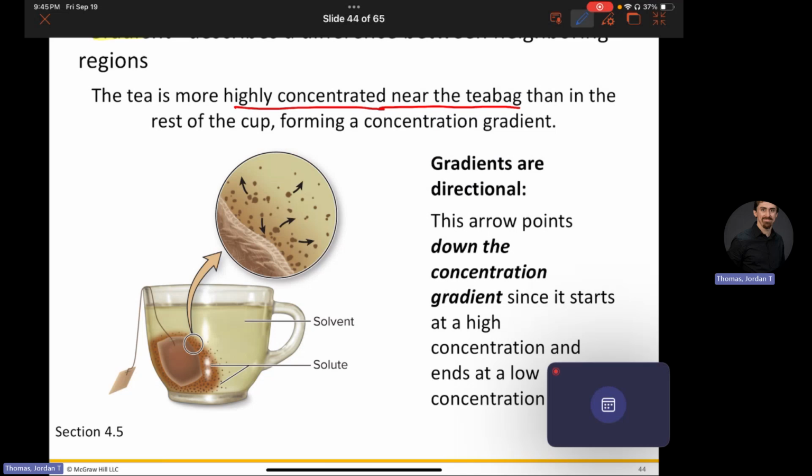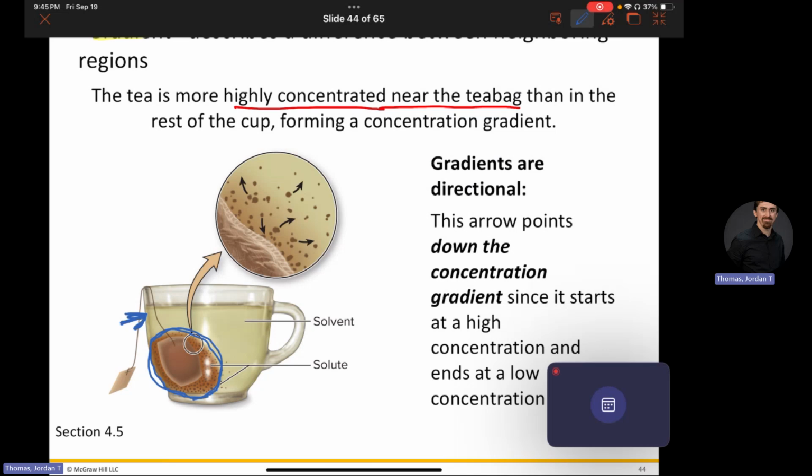We can see in the cup, all this region right here has a lot of that tea. And this outside part does not. This outside right here, that's clear. So that means there's a gradient with this inside right here having a lot of tea and the outside having very little tea.